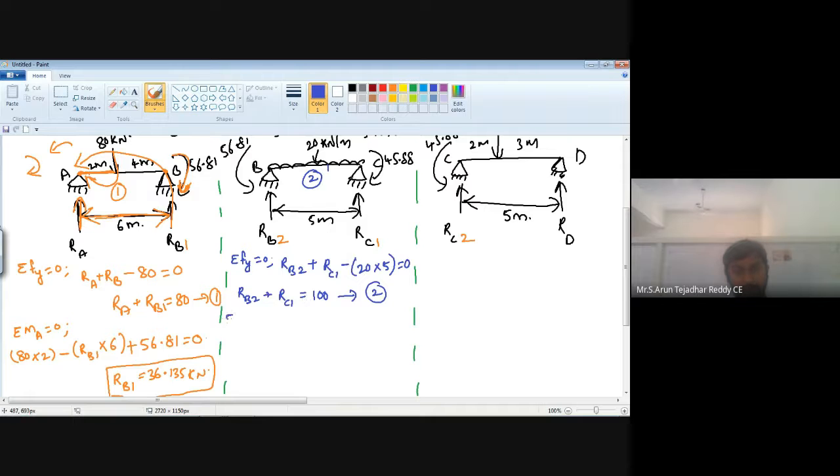Now apply the other equation of equilibrium. Summation of moment about B is equal to 0. Whatever the forces, only forces, not a moment, whatever the forces passing through point B, all will be 0.